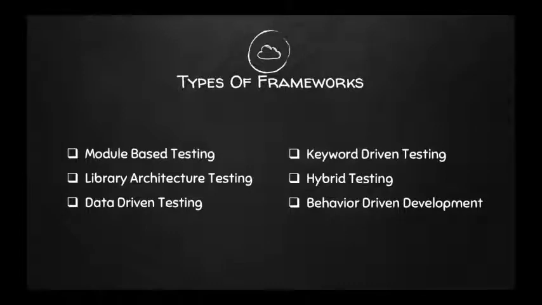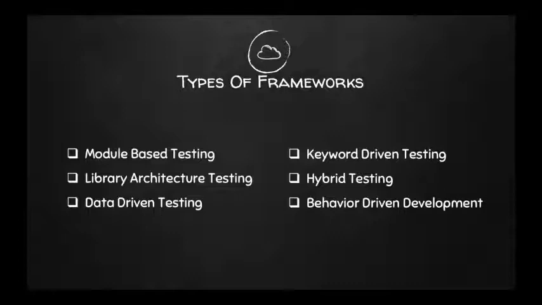The keywords and the test data are stored in a tabular-like structure, and thus it is also popularly regarded as the table-driven framework. The idea behind the keyword-driven approach in automation is to separate the coding from the test cases and test steps. This helps a non-technical person to have a clear understanding of the automation, such as a BA or a manual tester.